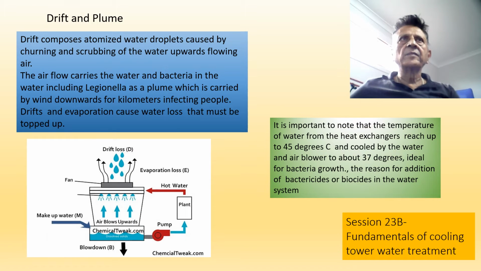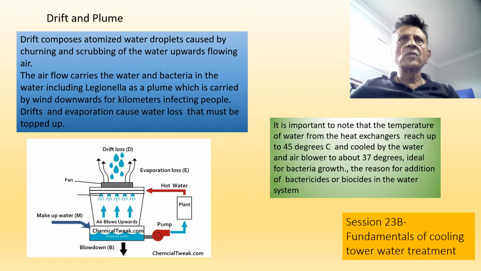Drift and plume. What is the definition of drift and what is a plume? Drift comprises atomized water droplets caused by churning and scrubbing of the water by the air, which is flowing upwards.